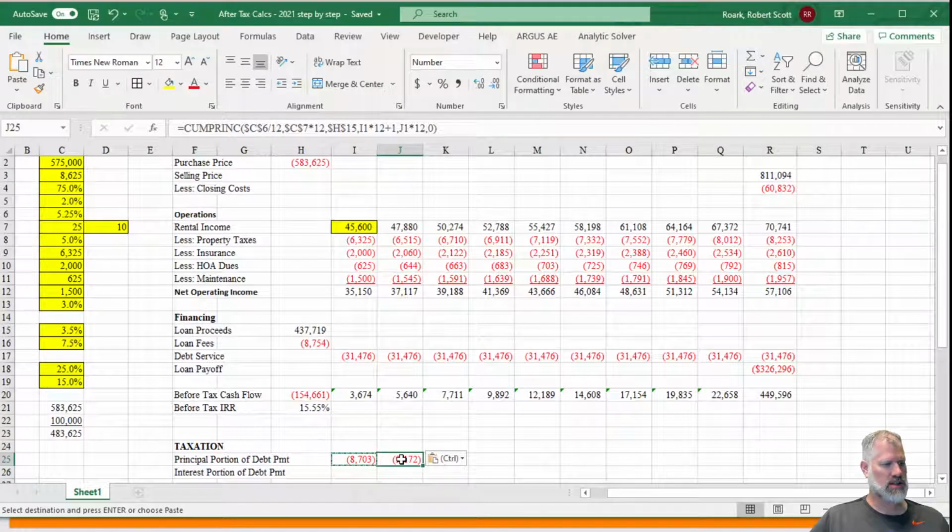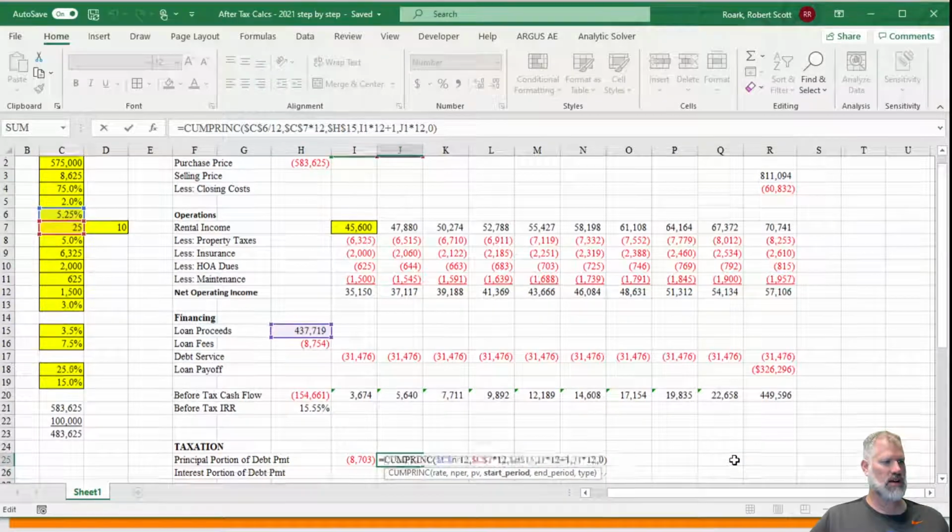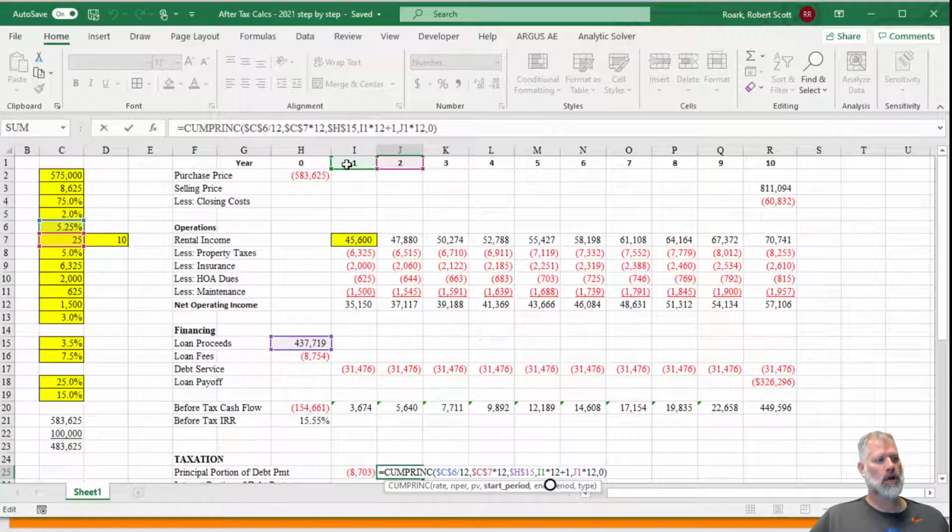Let's go back to my starting and ending periods and look at that. So the start period is now going to be year 1. It's going to look at the 1, and it multiplies 1 times 12 and then adds 1 to it. So I'm telling Excel the start period is month 13, and the end period is going to be this thing times 12, so 2 times 12 is 24.